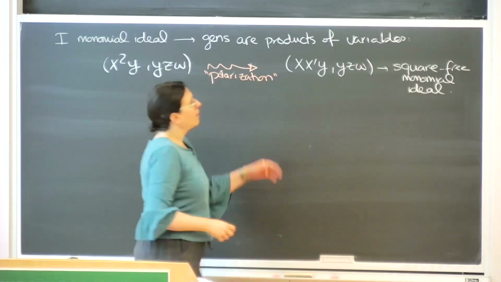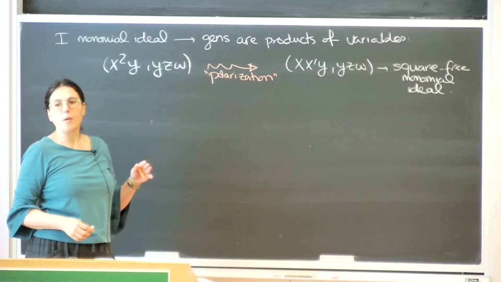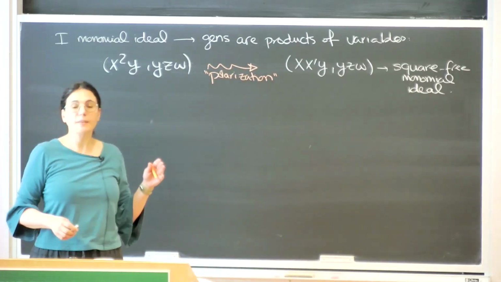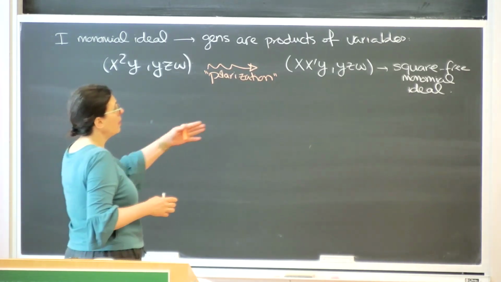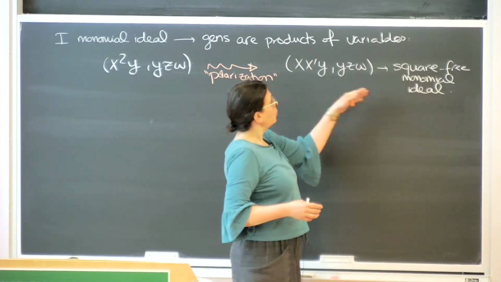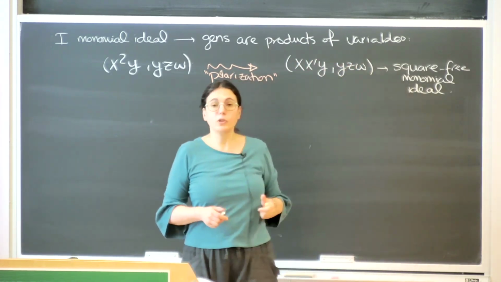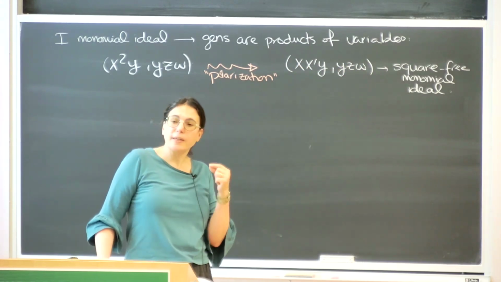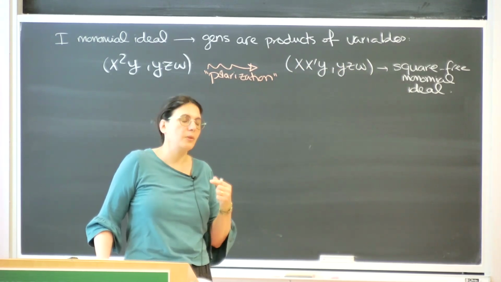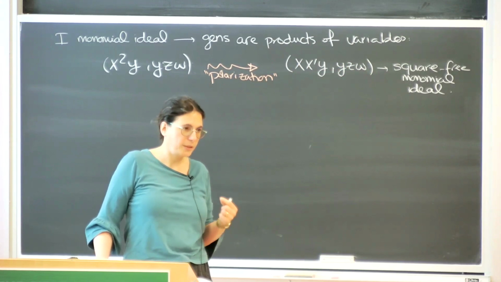And this has been of great value in combinatorics since the 60s and 70s. Some of the best results in combinatorics come from the algebra of square-free monomial ideals. And basically, the idea is that you're looking at a topological object, so a discrete topological object.